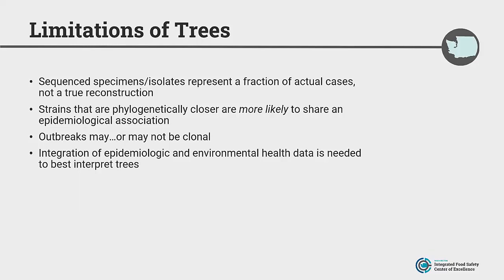Outbreaks may or may not be clonal. We've seen, for example, the Salmonella outbreak in Kratom was caused by many different serotypes and strains within those serotypes. And then the integration of the epidemiologic evidence and environmental health and traceback data is really needed to best interpret trees.